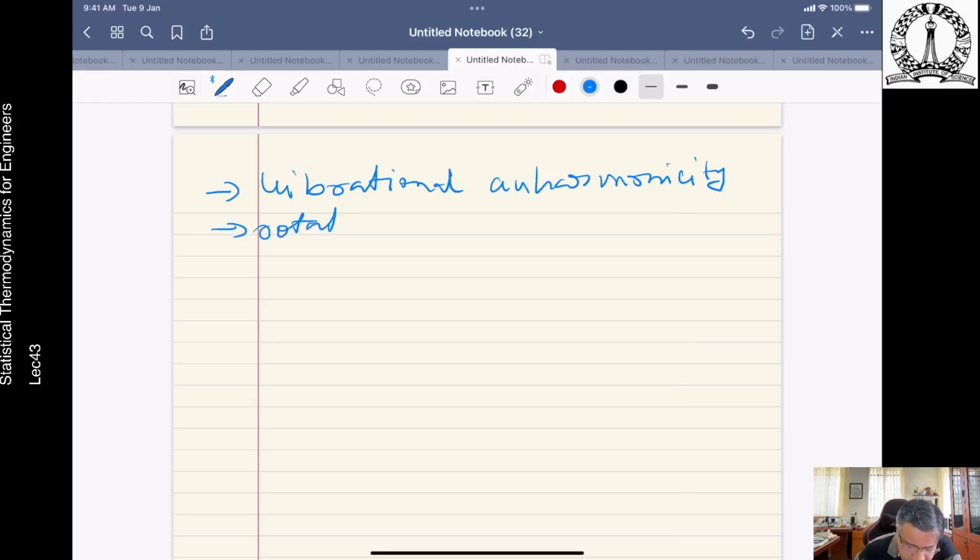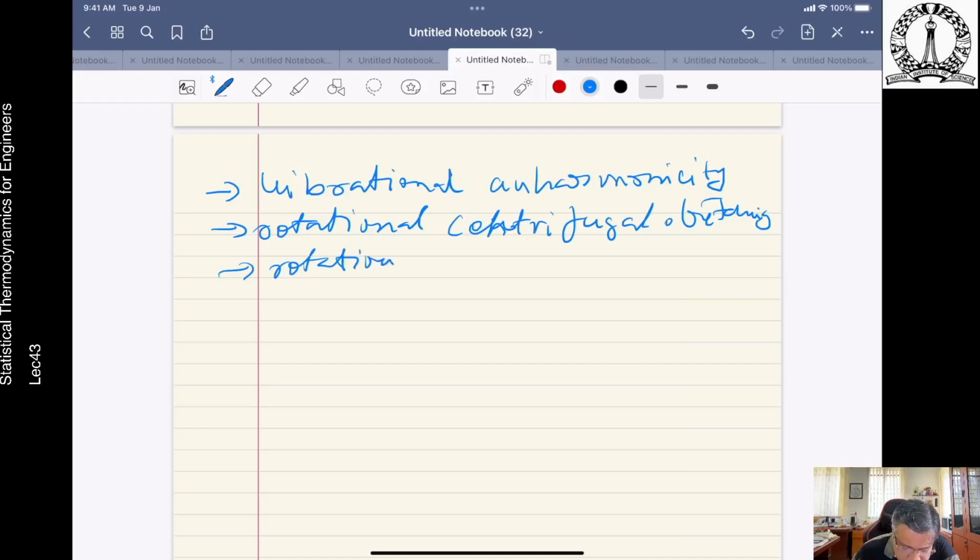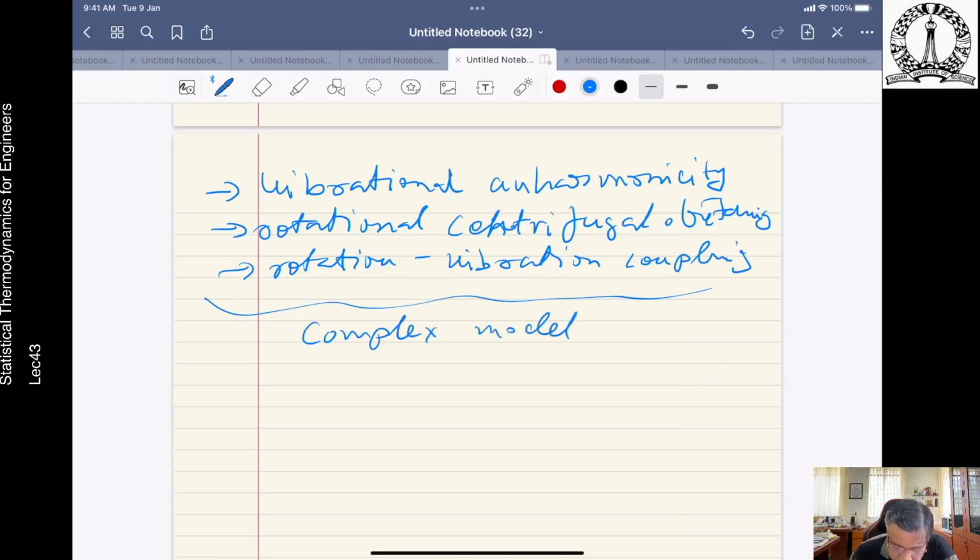Then rotational centrifugal stretching. Then, of course, rotation-vibration coupling. In other words, we need what we call a more complex model. Furthermore, the controlling mode parameters might not be associated solely with the ground electronic states, especially for molecules with low-lying upper electronic levels.